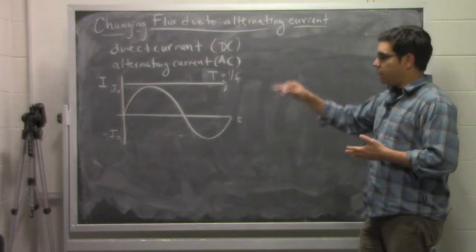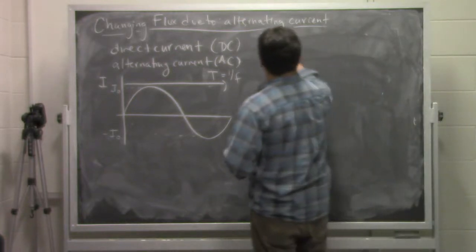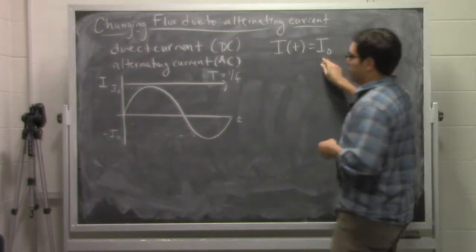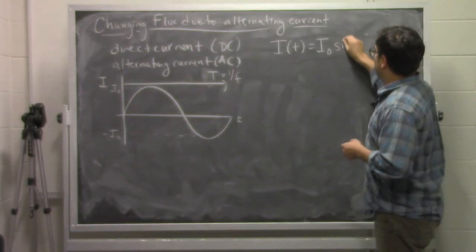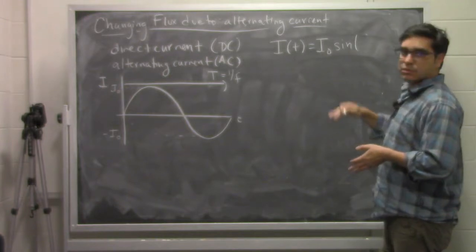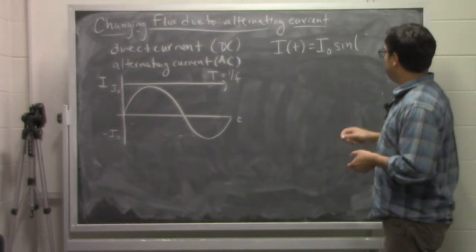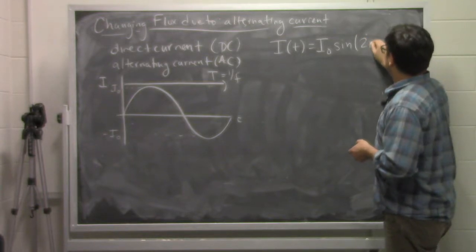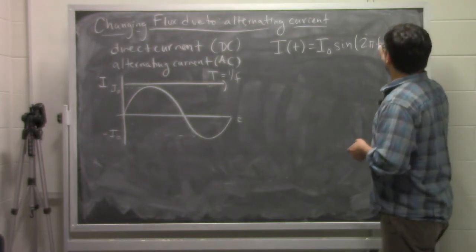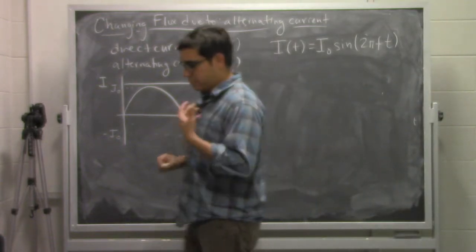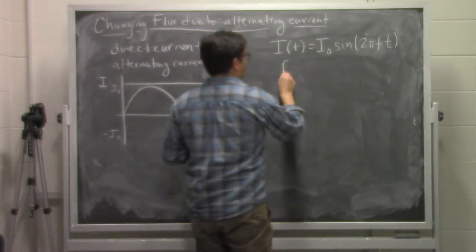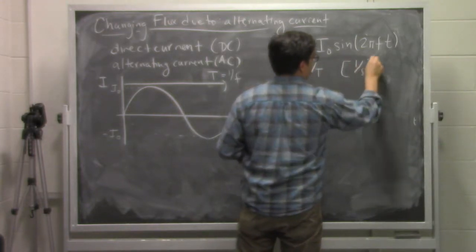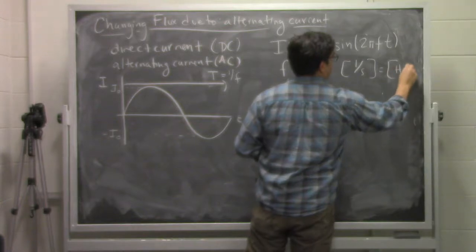Now, typically, we would model this sinusoidally shaped current with a sinusoidal function that has an amplitude of I0 multiplied by a sine function which varies between 1 and minus 1. So you can see where this would vary between I0 and minus I0, and it does so with a frequency of f. Now, this frequency f is related to 1 over the period, and therefore it has units of 1 over seconds, which are units of hertz.